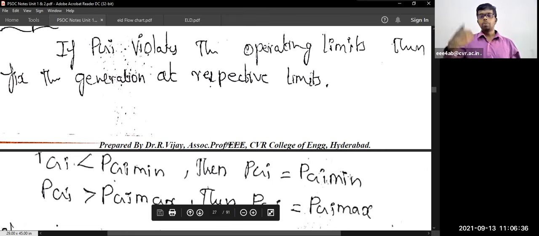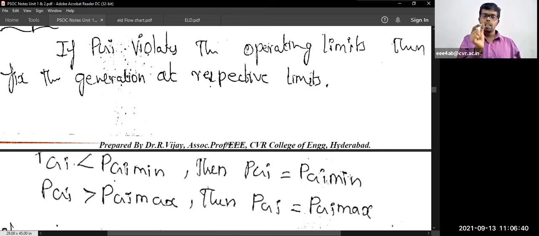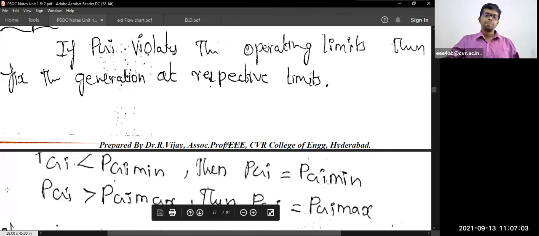If the PGI value violates its minimum operating limit, fix the value to its minimum operating limit. If PGI violates its maximum operating limit, fix the value to its maximum operating limit. That's what this step is.